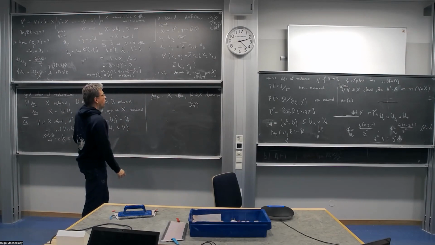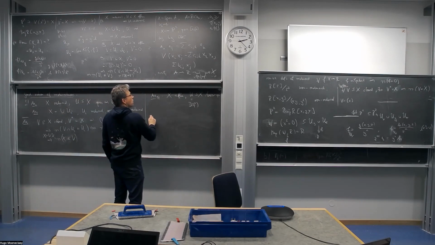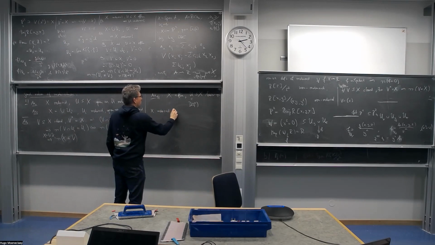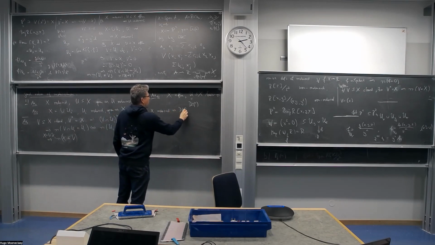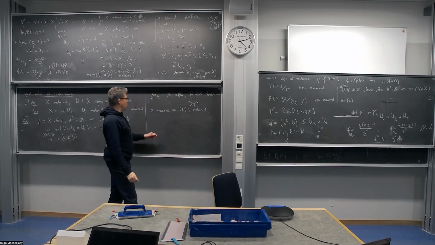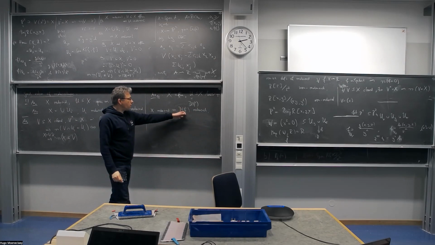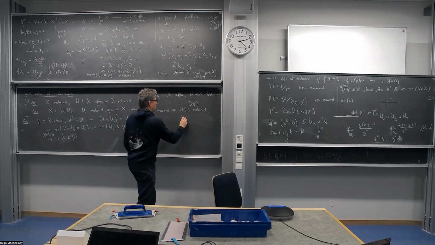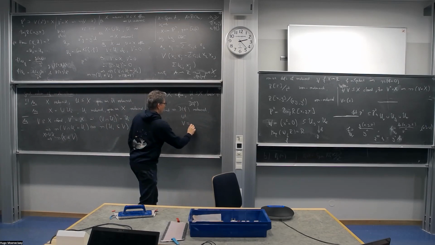Then axiom 1 holds. X reduced implies D(f) reduced, and now I take some closed subset of D(f), say some V, which is given by some equation.